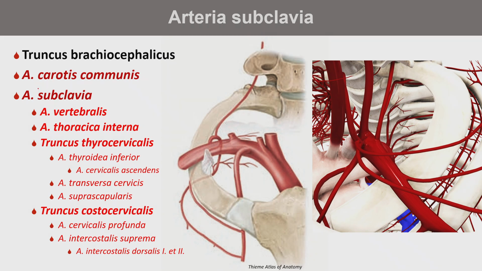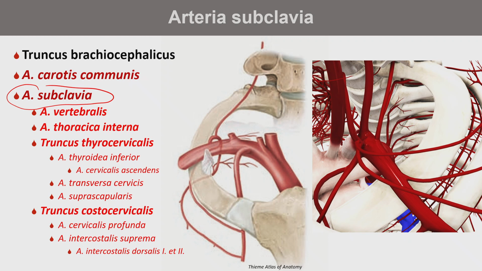So the subclavian artery on the right side, and also on the left side, has important branches which supply the head and neck, the thoracic wall, and also the superior limb.